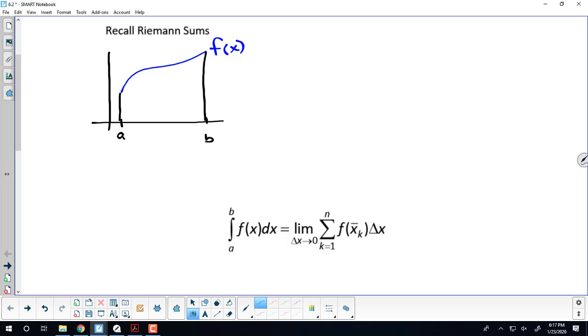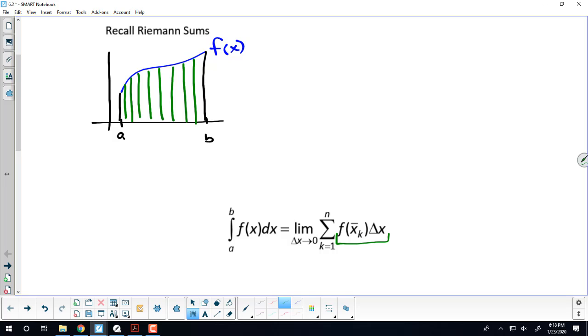So what we had to do was just cut this up into a bunch of little pieces, and then we looked at the areas of the individual rectangles. And so that's what's represented here when you see this. Think about this as the height and the width. So that's the area of the first rectangle. And we do plus the area of the next rectangle plus, right? But that only gave us an approximate area, even if we went to 1,000 rectangles.